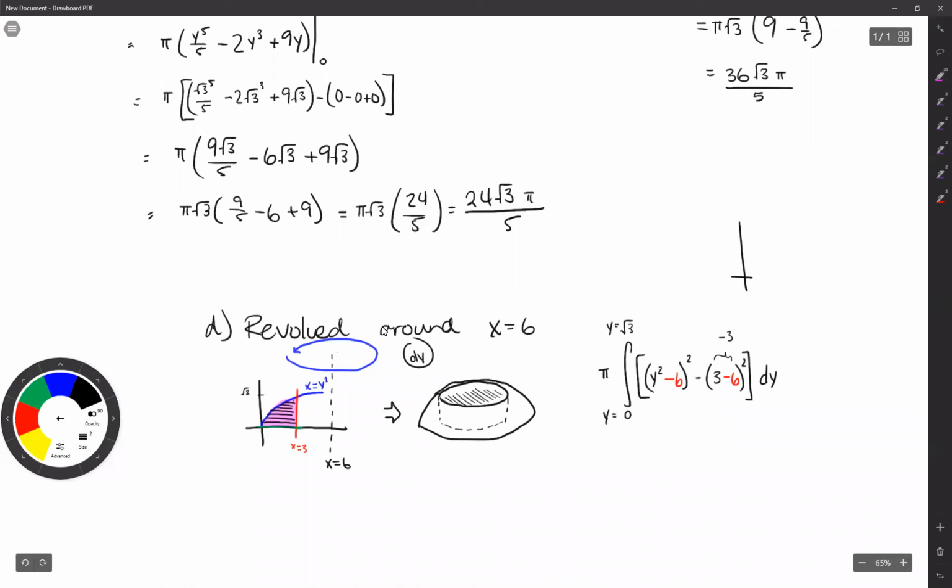If you do that, what you get is y squared minus 6 would be down here. You'd have x equals negative 3 down here. And so, you've got your shape. You basically shifted your shape to the left by 6 units and your axis of rotation also by 6 units.